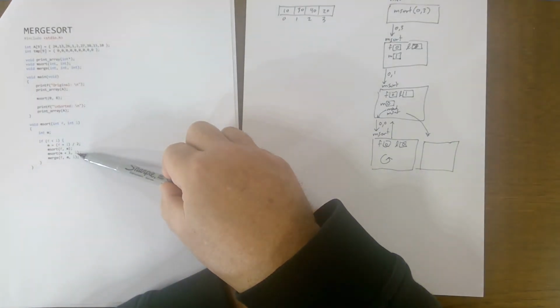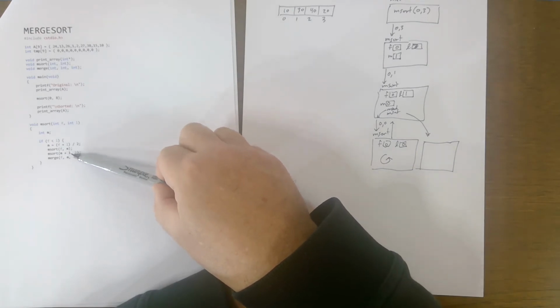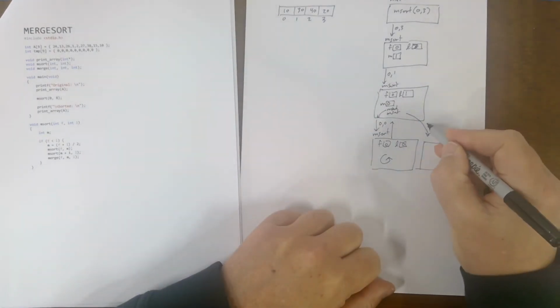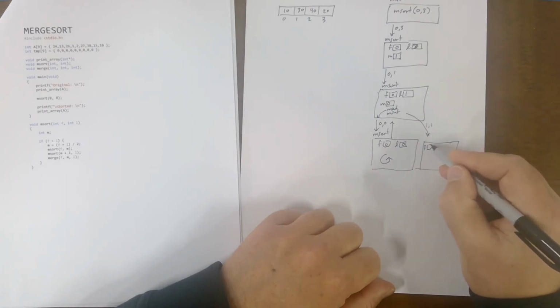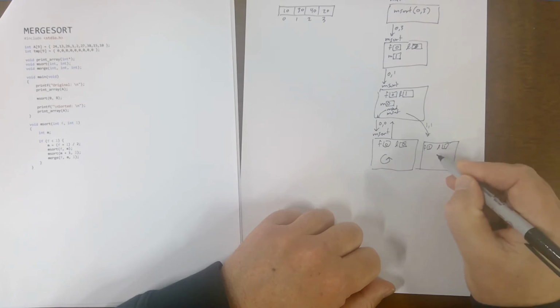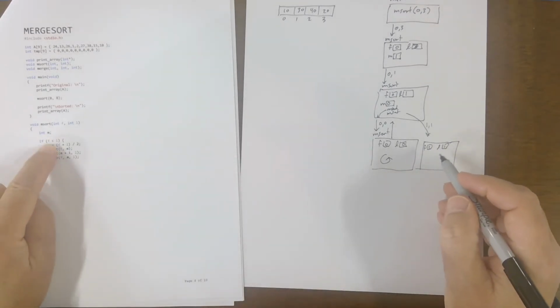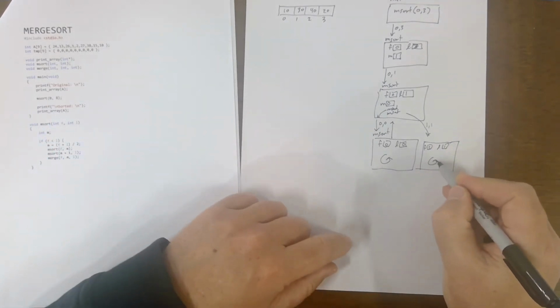Is that a 1 or an L? It's got to be an m plus 1. So it's an L. So it's going to call 1 to 1. So the first is 1. The last is 1. This if is false, so it just returns immediately.